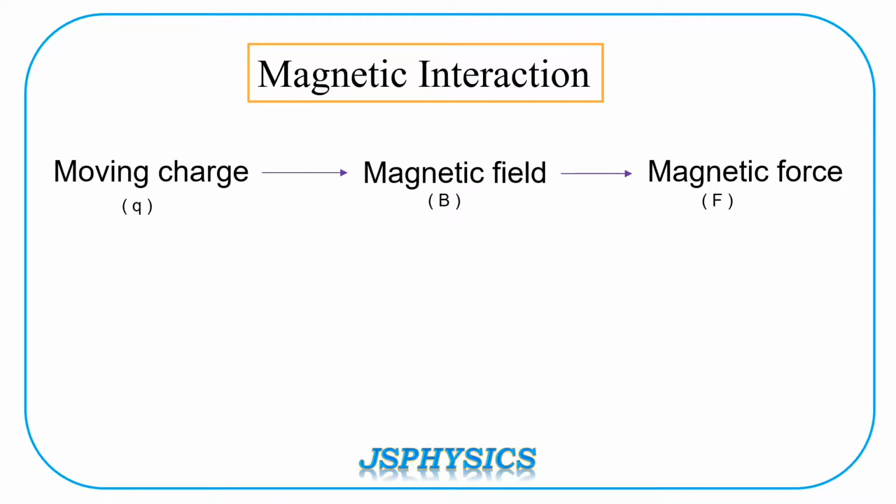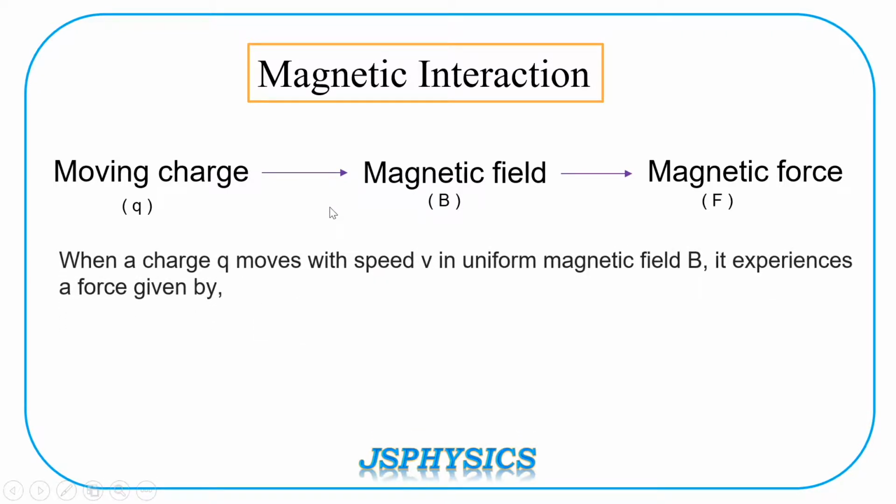That means charge again creates a field, field exerts a force, similar to that of the electric interaction. But if the charge is not in motion, then a magnetic field is not created. In the previous diagram, when the current passes through a conductor, the current is nothing but the flow of electrons. That means charges are in motion, electrons are in motion. And that's why they produce the magnetic field which exerts a force on another charge.